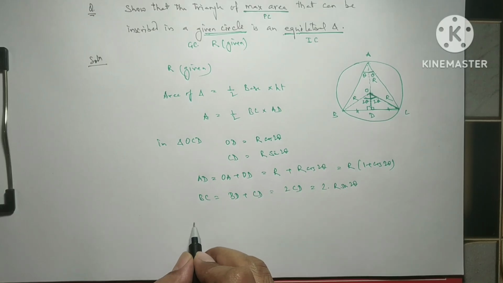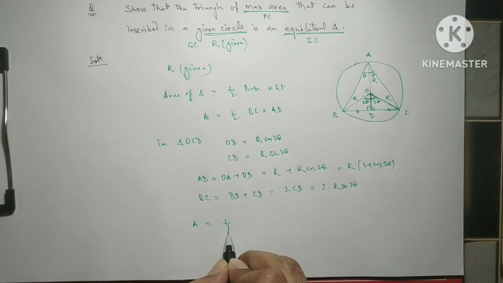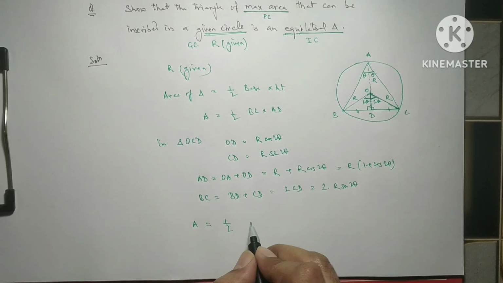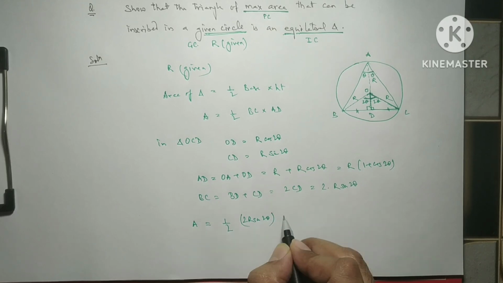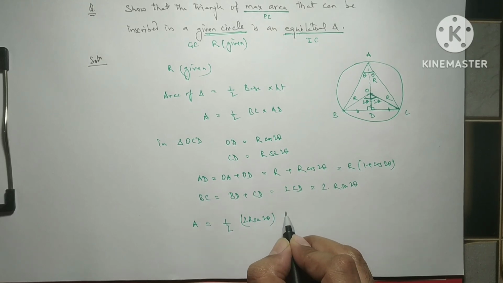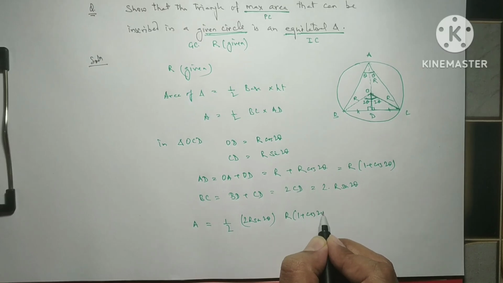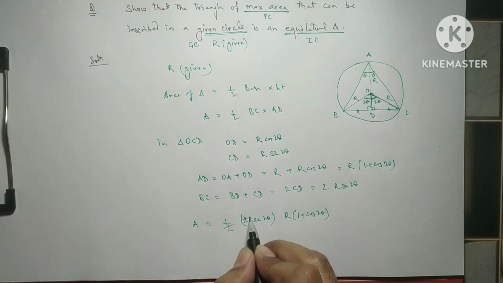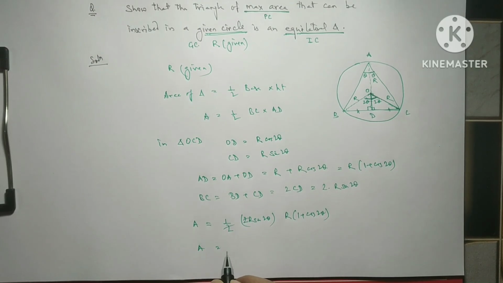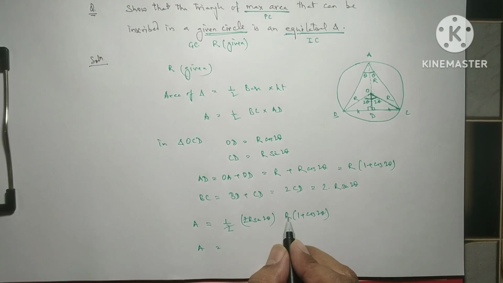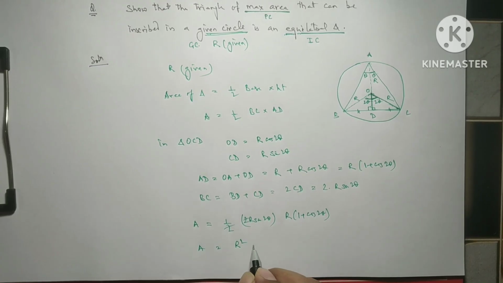Right now we have the expression of area: half base, BC is 2R sin 2θ, and height is R into (1 + cos 2θ). So cancel this out, and you get A is R·R, so it is R² sin 2θ (1 + cos 2θ).